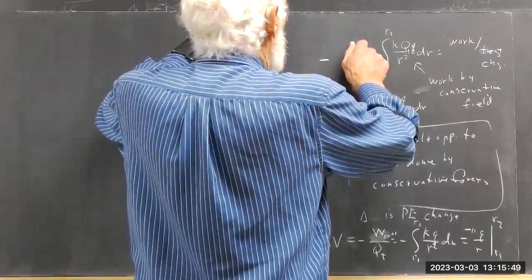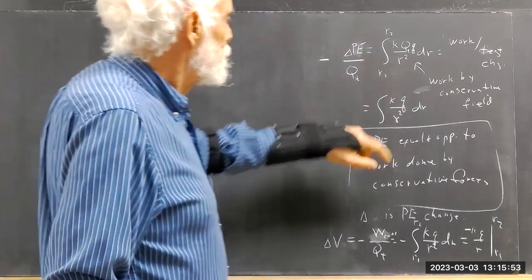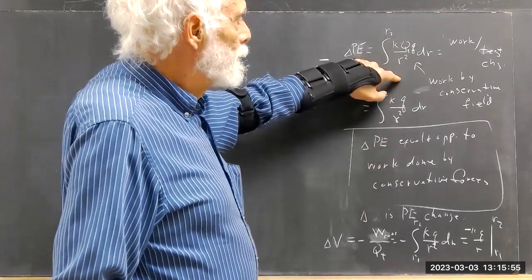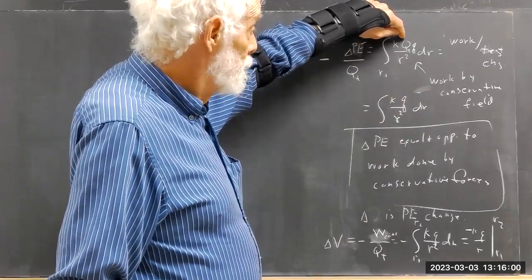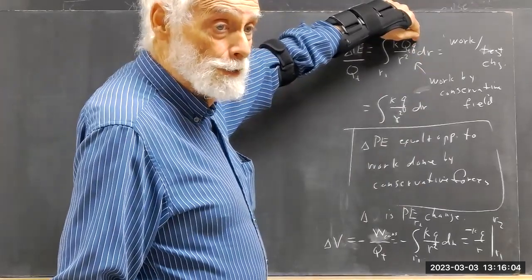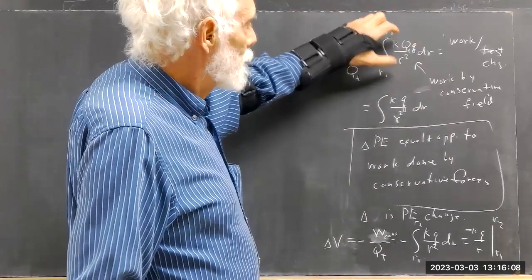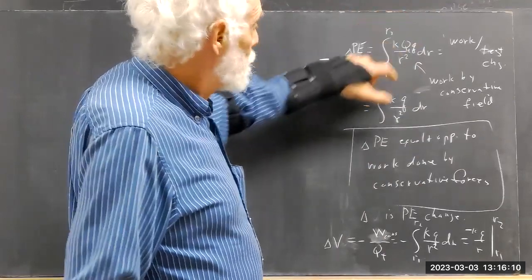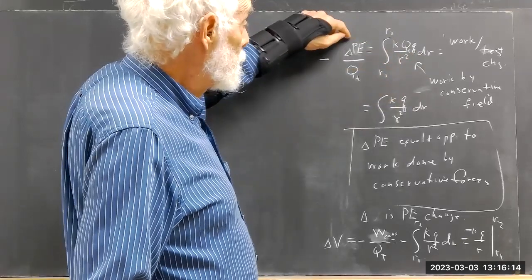This is a change in potential energy. This is the work done on the test charge by the field created by the charge small q at distance r. This is the force. We integrate the force with respect to position, and we get the change in potential energy.